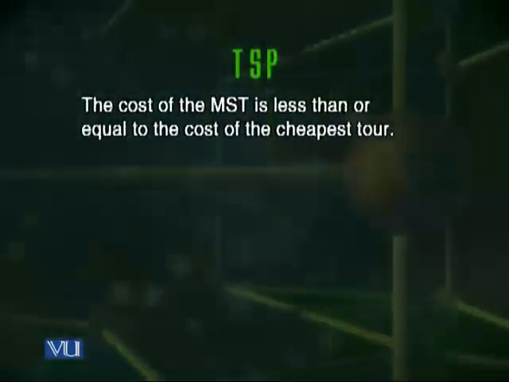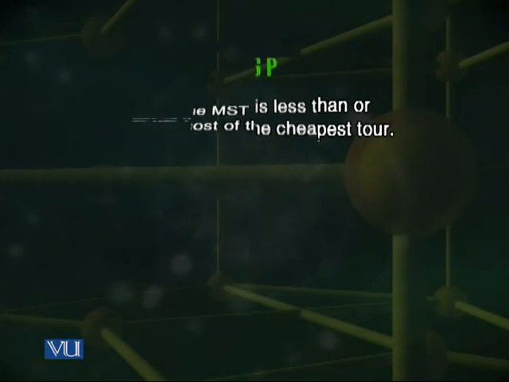Let's continue. The first thing that we want to do is to prove the following simple fact. This fact says that the cost of the minimum spanning tree is less than or equal to the cost of the cheapest Hamiltonian cycle in the graph.